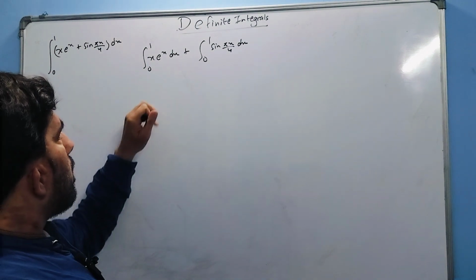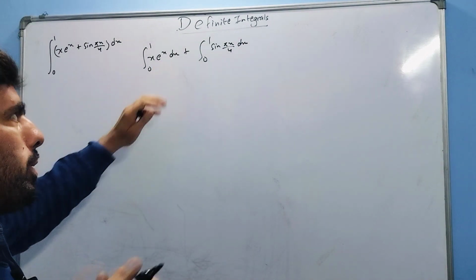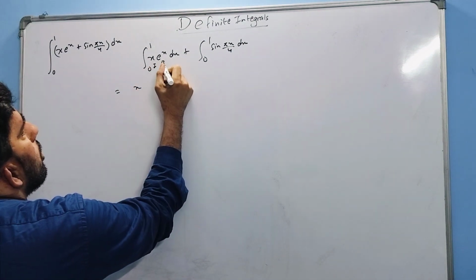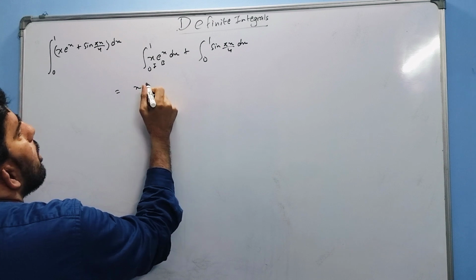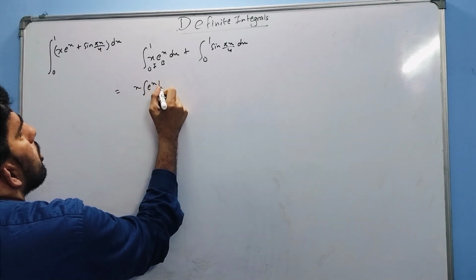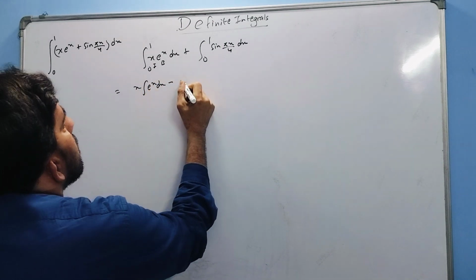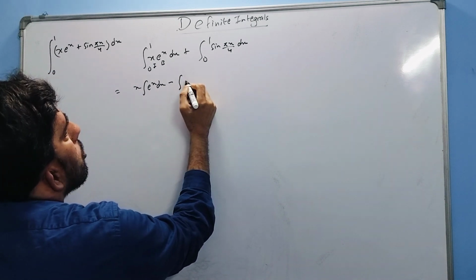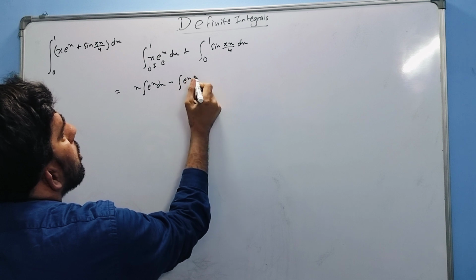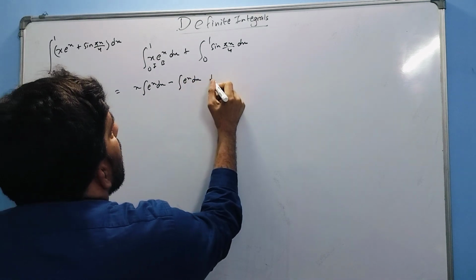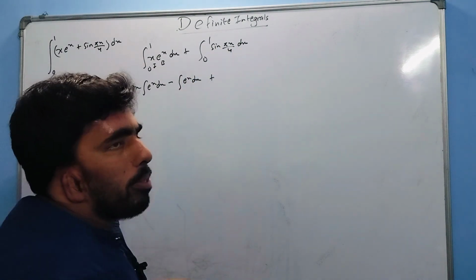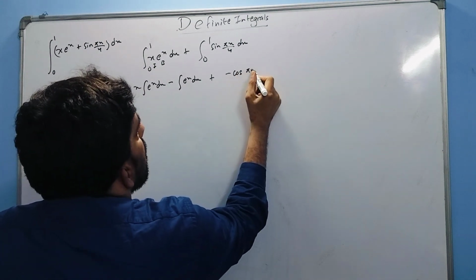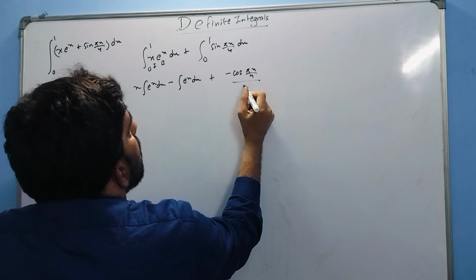Here we can apply integration by parts. First function is x, second function is e to the x. So we get x e to the x, minus the differentiation of the first function, that is 1, times the integration of the second, e to the x dx. Now plus, we know the integration of sin x is minus cos x, so minus cos of pi x upon pi by 4.